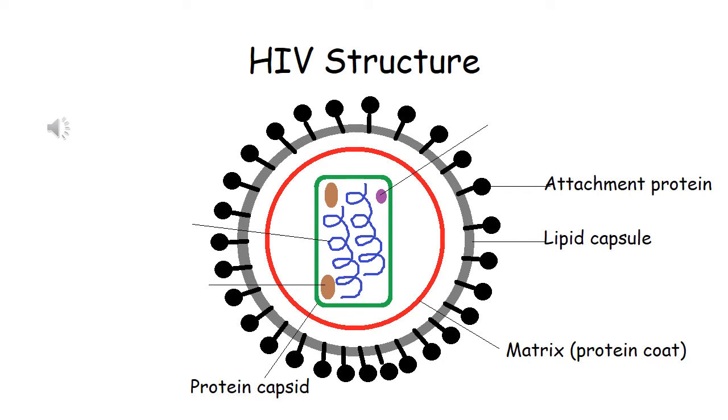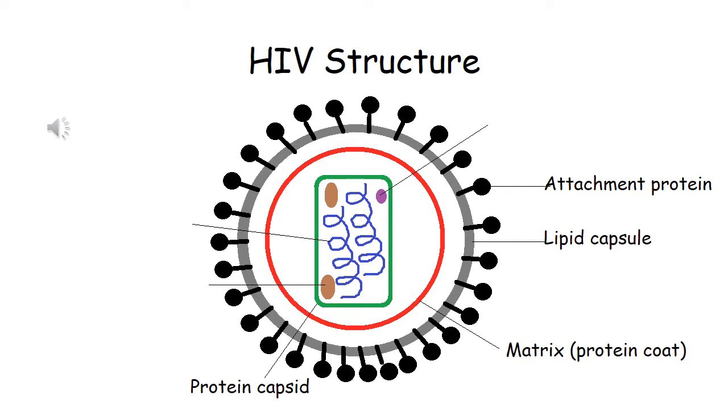The matrix and the protein capsid are made of proteins, and they are essentially a packaging for the genetic material that lies inside the protein capsid. They do have some quite complicated functions, but largely some of these functions are unknown, and they are not something that you need to know about.